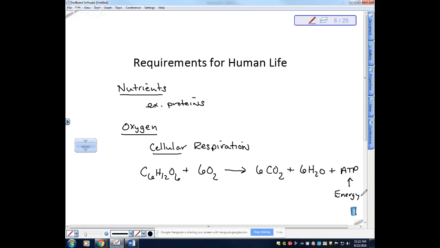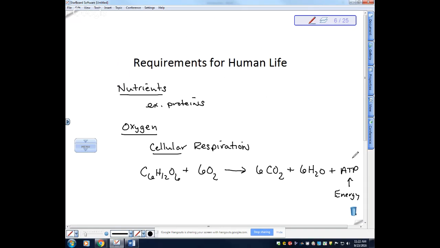Okay. And so this takes place inside of our cells. And this ATP is a common currency. You can kind of think of it as an exchange currency. So here we're feeding our cells glucose and oxygen, and we're getting ATP. And ATP is what muscle cells use to contract. It's also what nerve cells use to initiate an impulse.